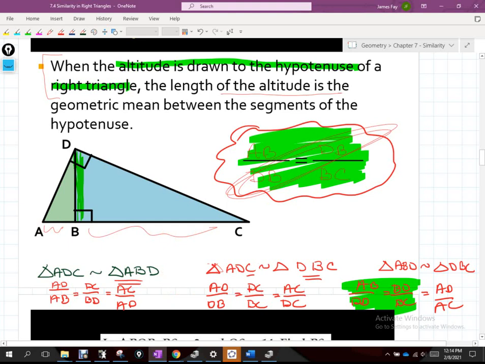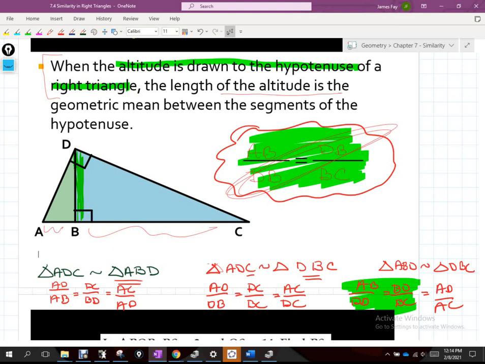So every single time that we have this scenario, a right triangle with the altitude drawn to the hypotenuse, that ratio, highlighted in green, is going to show up in one of those three extended ratios on the bottom. So instead of writing all those out every single problem, if I gave you 10 questions in homework, you wouldn't want to do this one time, let alone 10 times, right? Okay. So if we can use this corollary, it allows us to get to that conclusion much faster. So that's kind of the approach that we're taking here.